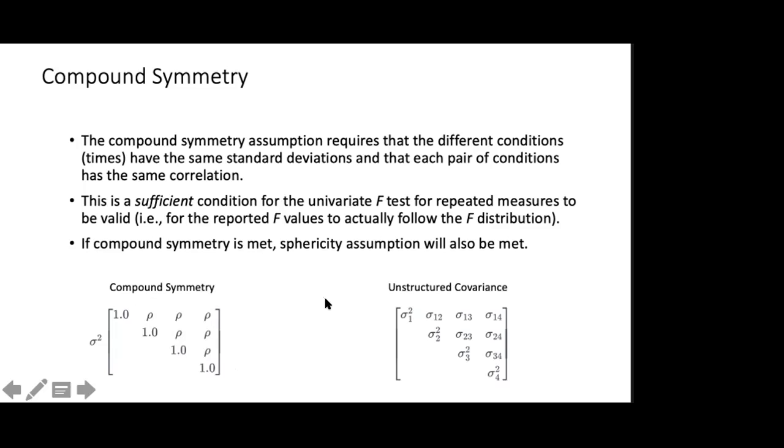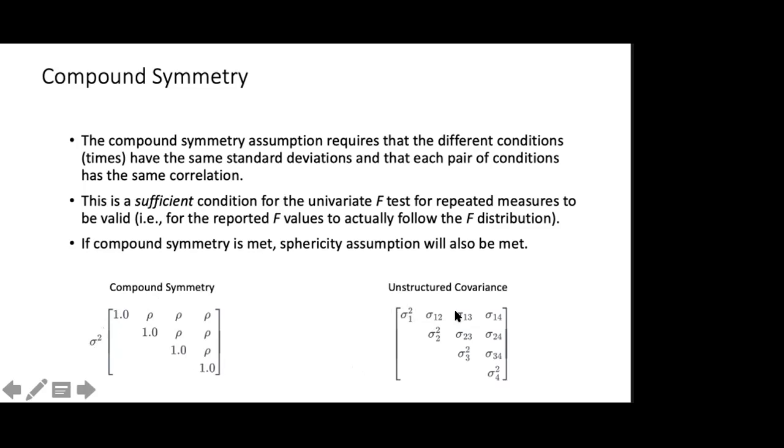Basically, the least restrictive assumption for this variance-covariance structure, in a design where you have correlated, non-independent measures, is called the unstructured covariance. The unstructured covariance doesn't make any assumptions. Compound symmetry requires that the variance for all conditions is identical, so you have sigma squared in all these fields.